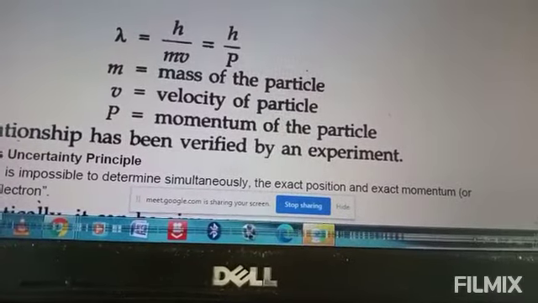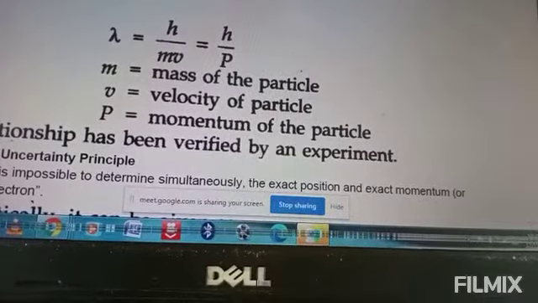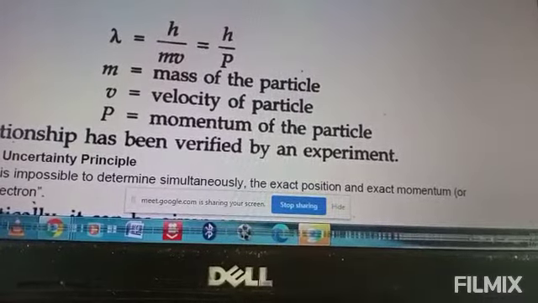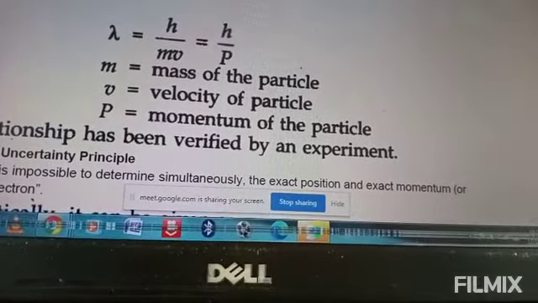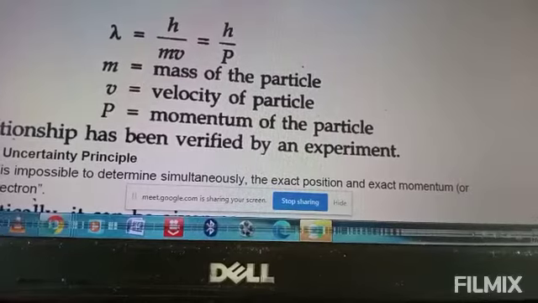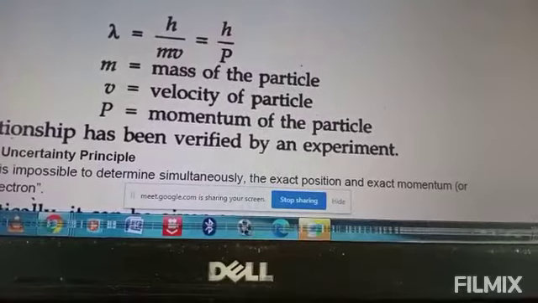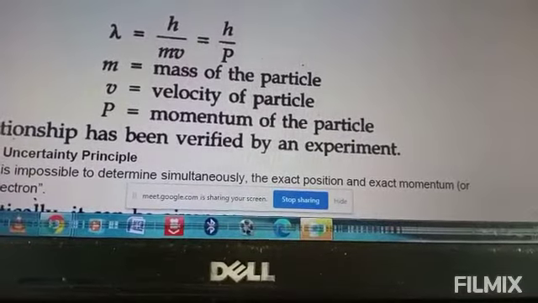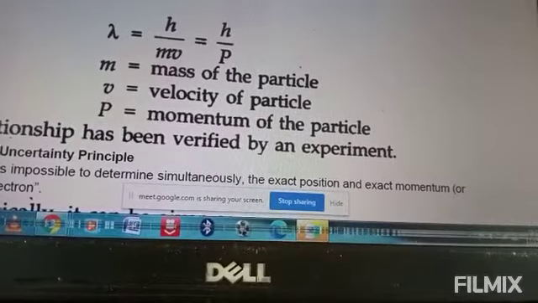Something like this in problem 2.13: the mass of an electron is 9.1 into 10 power minus 31 kg, and kinetic energy is 3 into 10 power minus 25 joules. Calculate its wavelength. As we know, kinetic energy KE equal to half mv square.